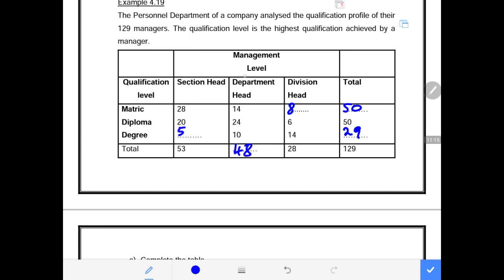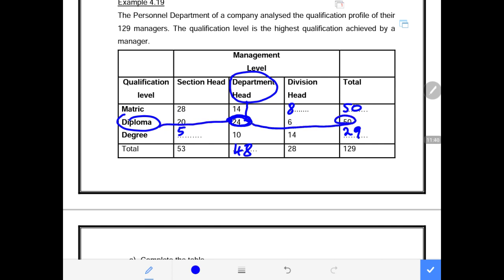Now we say, what is the probability of this person being a departmental head given that they have a diploma? Now we go to departmental head. When we get to the given, which is the diploma, we take the number aligned with what is given, which is 24. Then we divide by 50 whenever it says given.